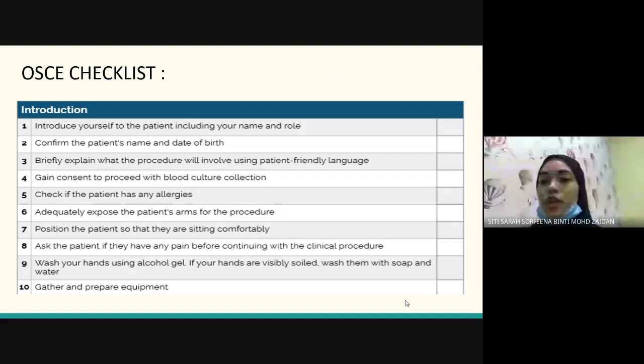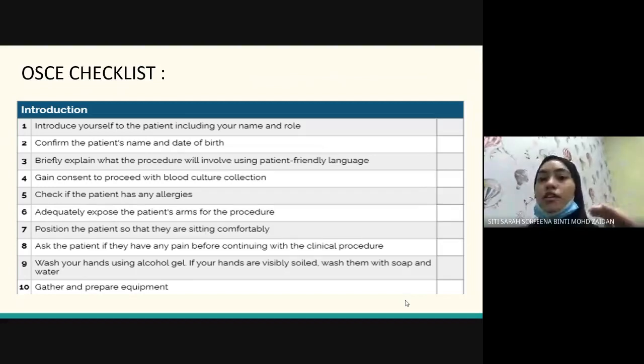And then we wash our hands using alcohol gel, and gather and prepare equipment, as well as putting on apron and sterile gloves, because this is actually a sterile procedure, just like in OSCE. So we don't want the blood that we have collected to be contaminated with the environment agents. So if possible, we have to make sure that surrounding is comfortable.